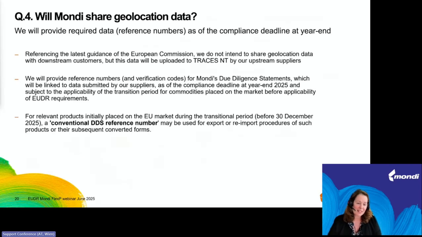So any products that are put on the market during this transition period, which is anytime before the end of this year, they will receive a conventional due diligence reference number, or they will be able to use that. That's being provided by the Commission, and that's for export or re-import procedures for products in this transition period. That means that the wood was harvested before the end of this year, but perhaps those finished products are being traded and sold or imported or exported after the end of this year.